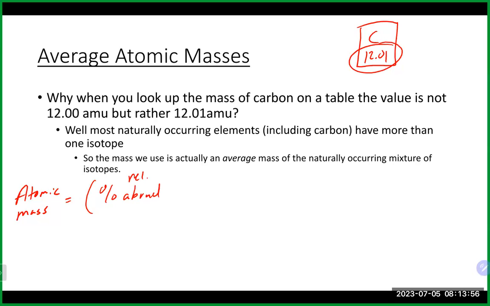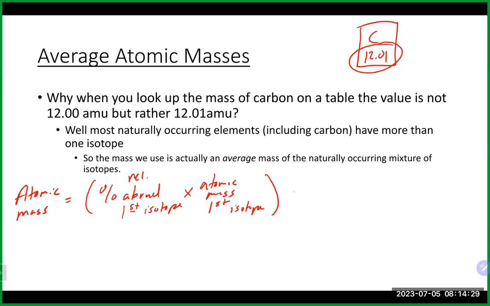You could have an isotope that occurs maybe 40% of the time, and another isotope for that same element that occurs 60% of the time. So you take the percentage of that first isotope, and you would convert it into a decimal when you're doing the calculation. You could either divide the percentage by 100, or move the decimal point a couple places to the left. You would times it by the atomic mass of the first isotope.